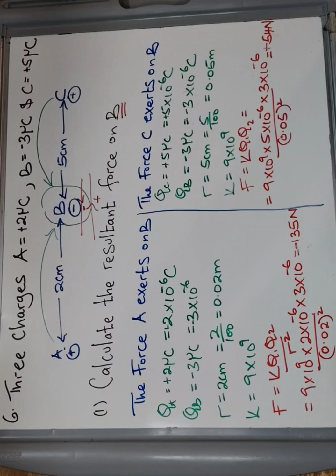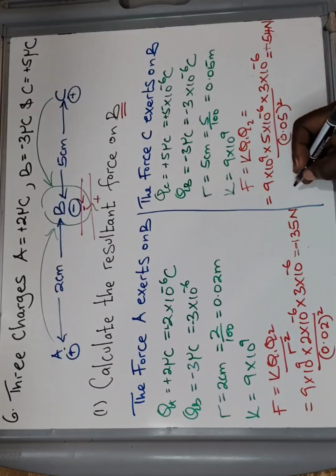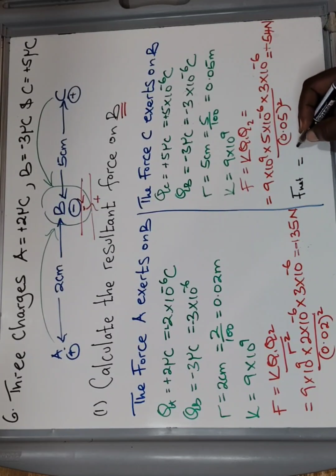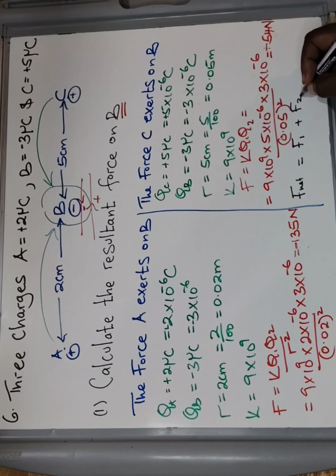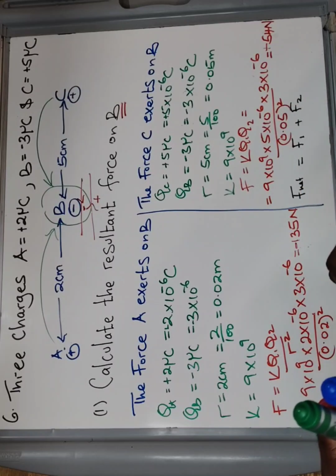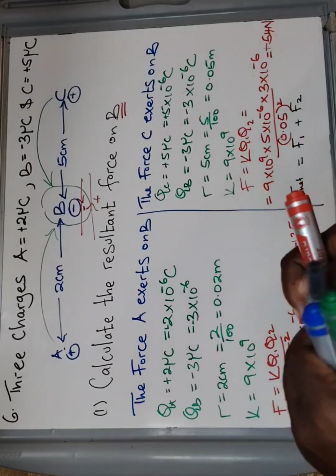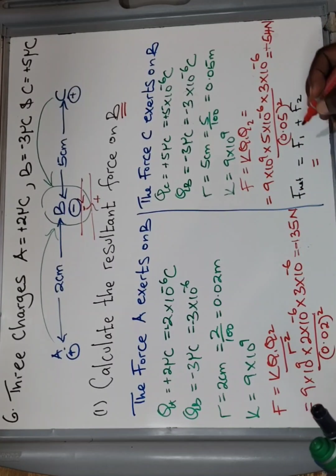So after reaching this point, what do we do? Here, you have to go to our formula for F net. It says F net is equal to F1 plus F2. And they come with their signs. So what is F1?